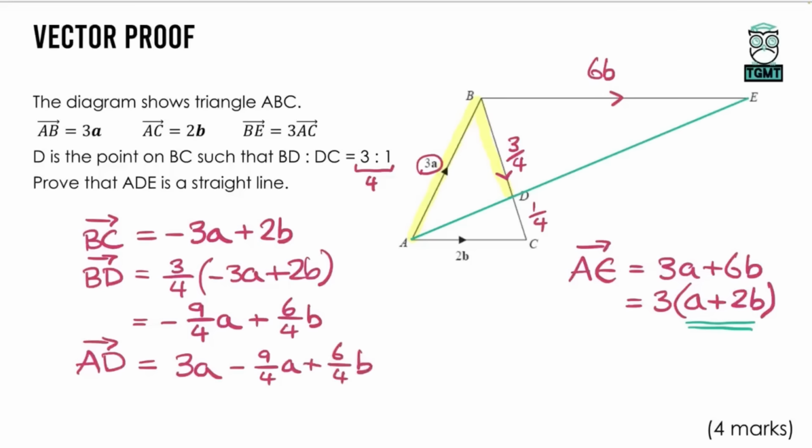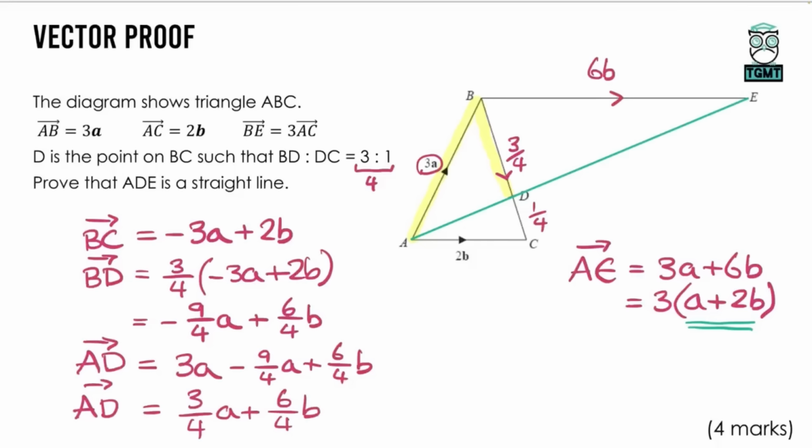Now we are doing this with a calculator, so I can just do 3, take away 9/4, I can do that on the calculator, and that comes out as positive 3/4. So I get 3/4 a plus 6/4 b. Now this vector here is the vector a to d, and somehow that needs to match the vector that we found over there, a to e.